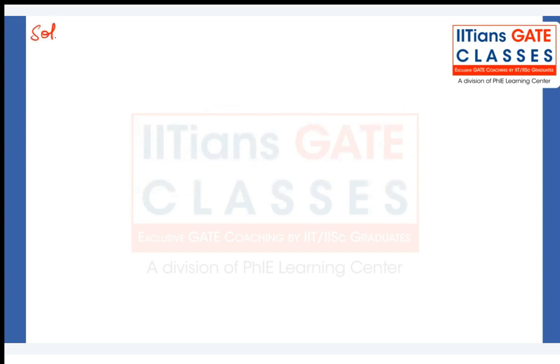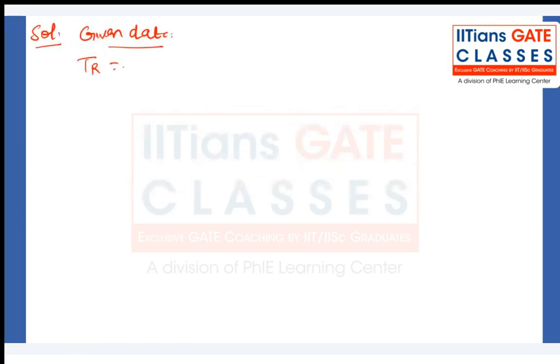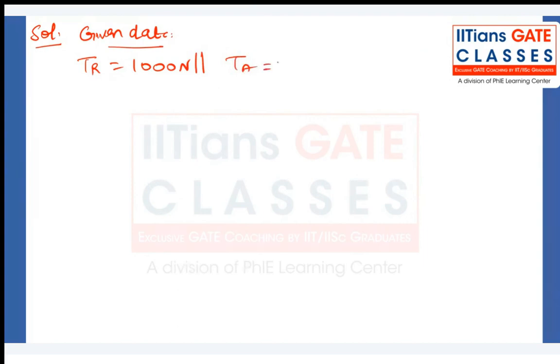So let me write the given data first. So the given data is the thrust required, which is 1000 Newton, and the maximum thrust, which is thrust available, produced by the engine is 5000 Newton.